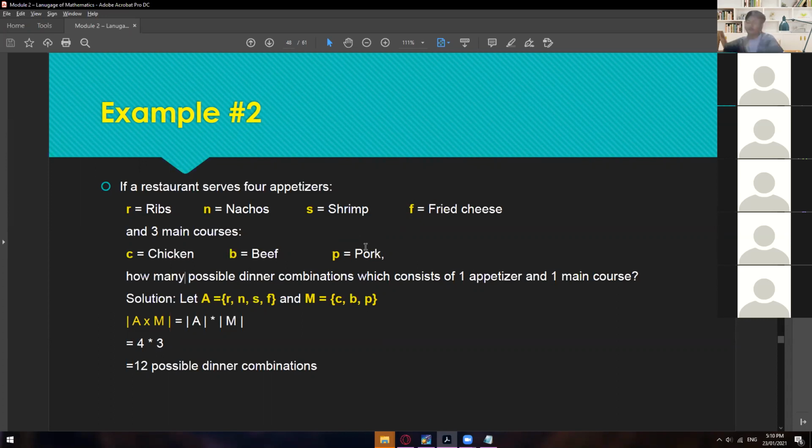Just add all of those and you get the combinations. But since we have this formula wherein you just multiply your cardinalities, A times M, we have 4 appetizers and 3 main courses. So 4 times 3, we have 12 possible dinner combinations.